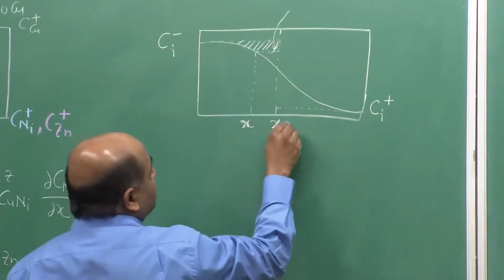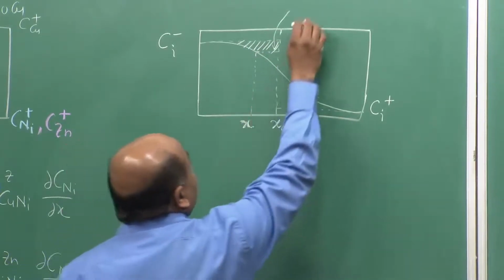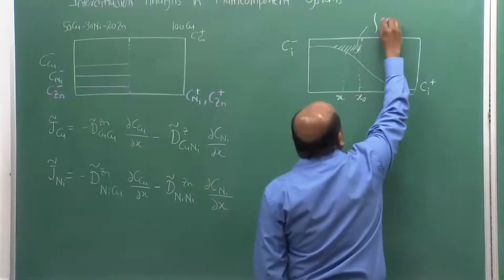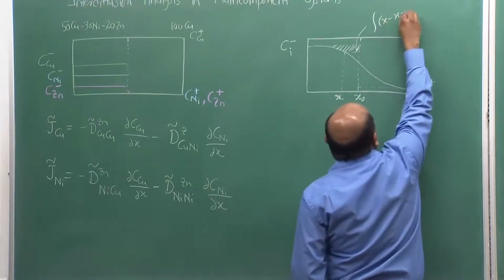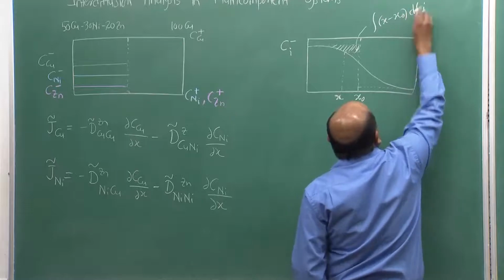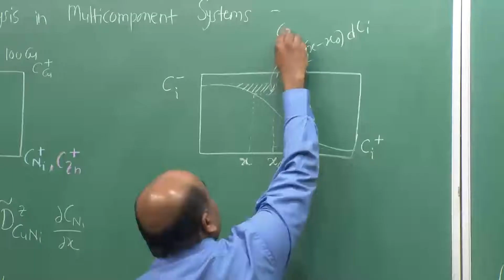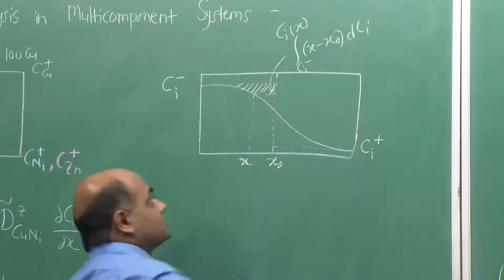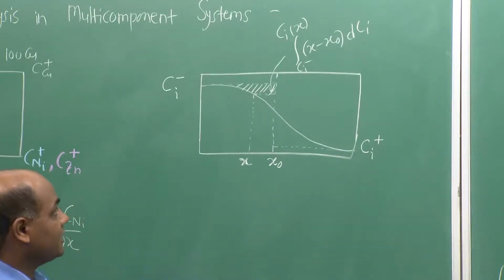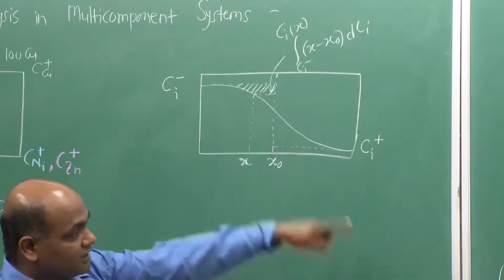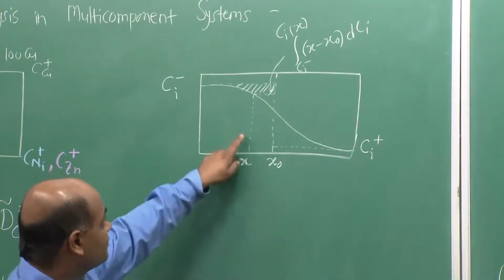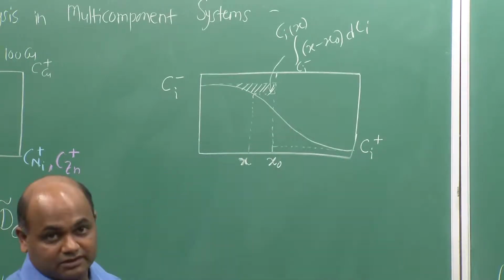This is my Matano plane x naught here, and this is the integral of (x minus x naught) dCi from Ci minus to Ci at x. So, just by finding the area under the curve and dividing it by 2t, we can get the flux at any position x.